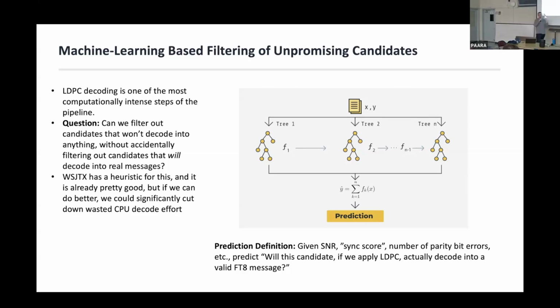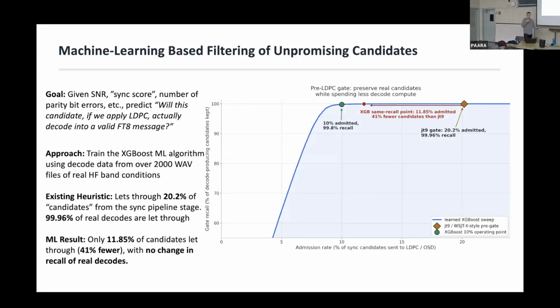If you just grow one tree, you can only get so deep and only segment it so much, and you really want as nice and perfect a segmentation as possible. So this technique adds little weights to each tree and then adds them together, ultimately outputting a number between 0 and 1. The hope is that it develops a nice way of separating the things that will decode from the things that don't.